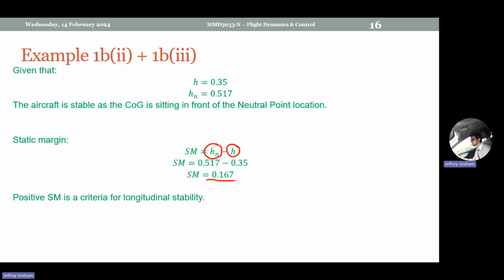The static margin is positive, and that is our criteria for positive longitudinal stability. Right, some of these values are going to come back in shortly once we have a discussion of stick free concepts.